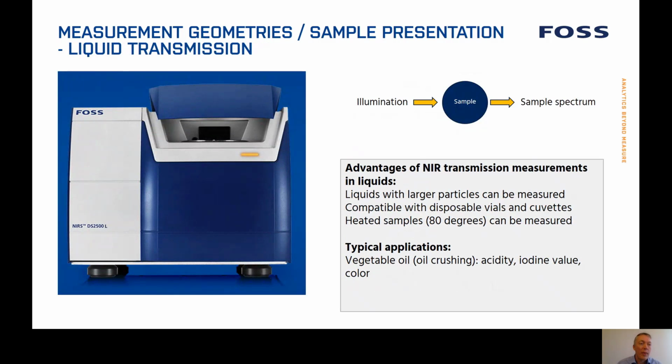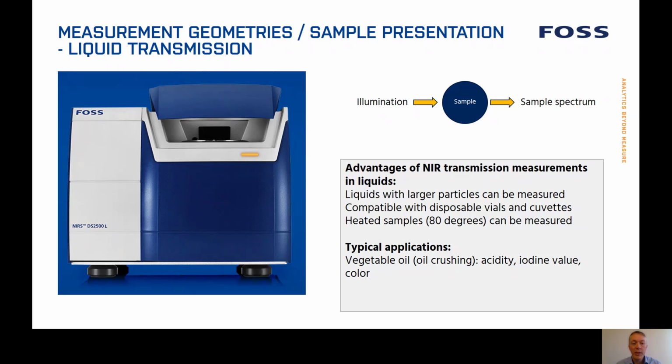Finally, liquid transmission measurements with NIR should also be mentioned. As explained previously in the webinar, we prefer to use mid-infrared spectroscopy for measuring liquids. However, for some liquids, there is an advantage of using NIR. This is, for instance, liquids with larger particles that it's not possible to suck into a flow system.